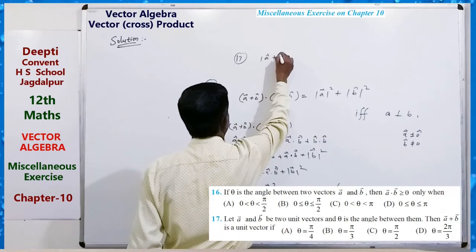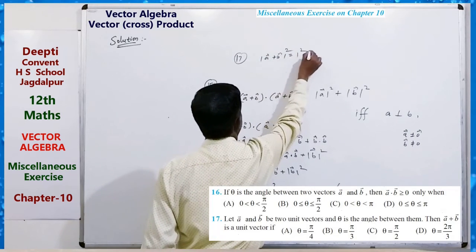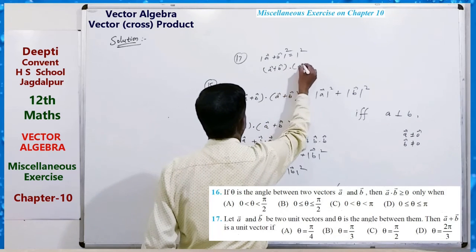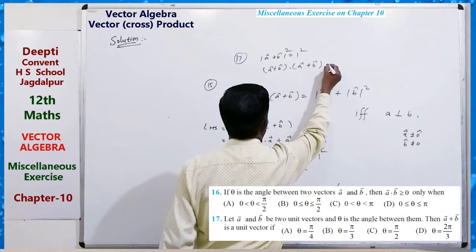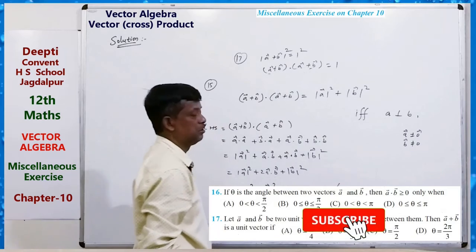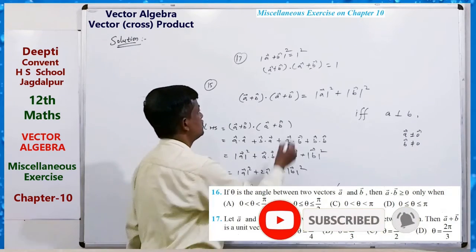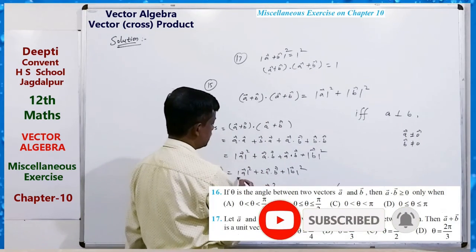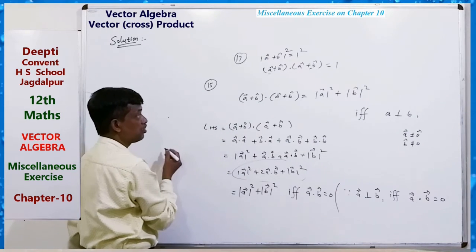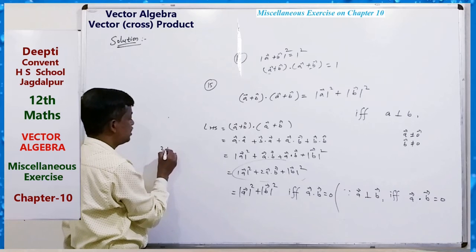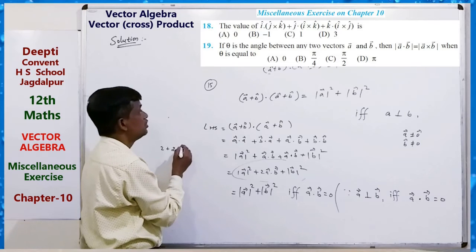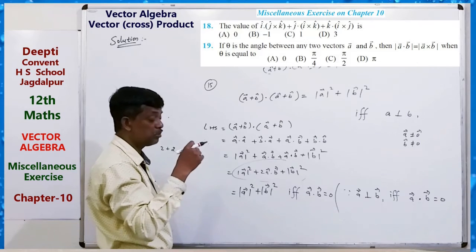Just write like this. |A + B| equals 1. Squaring both sides, (A + B) dot (A + B) equals 1. Just doing the multiplication, |A|² plus |B|² is 1 plus 1, which is 2, so 2 plus 2 times A dot B. Since they are unit vectors, A dot B is cos theta.